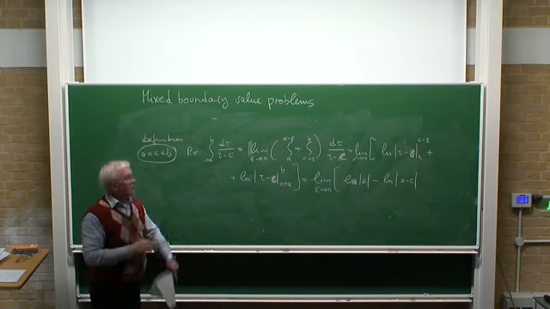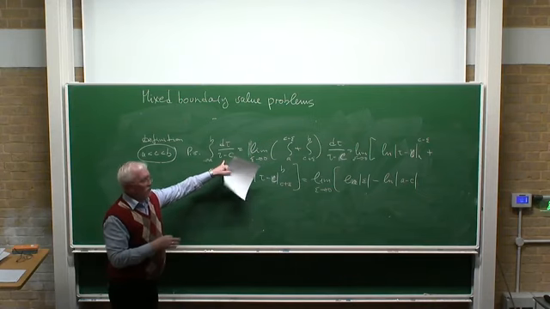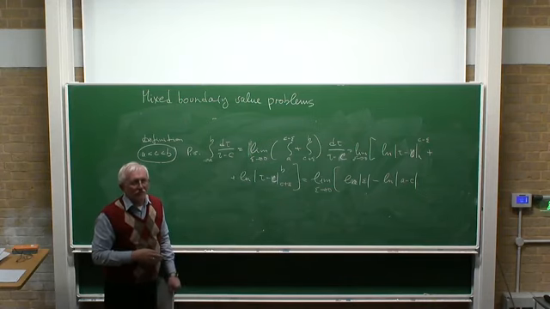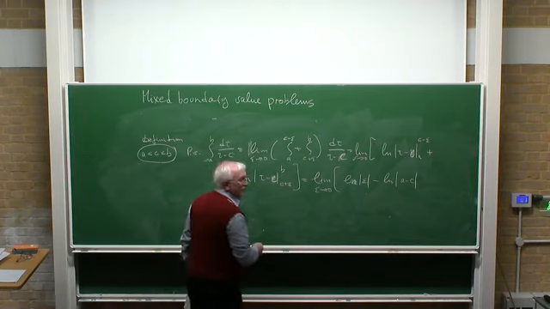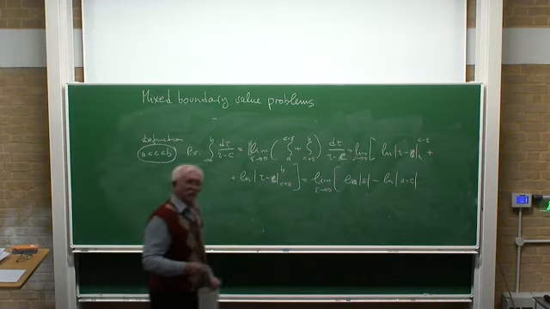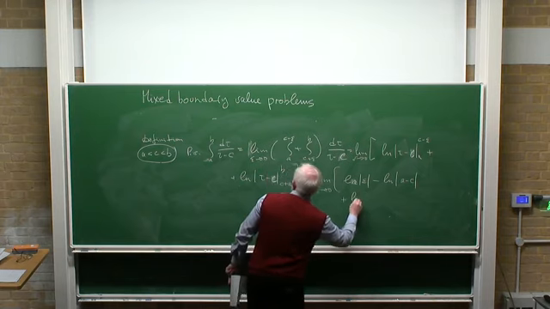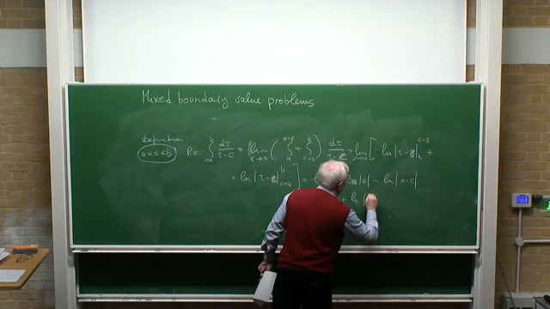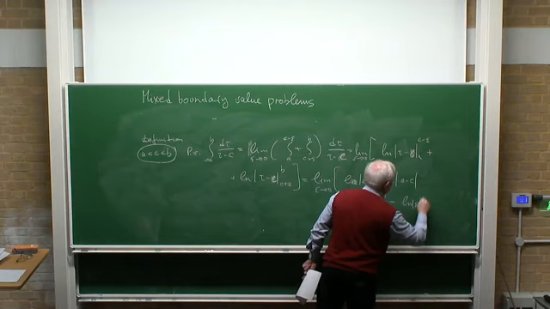If c is not in that interval, the integral is not singular, but the result is the same. It's outside or inside, singular or regular, it doesn't matter. Big surprise. Plus the limit of log of b minus c minus log epsilon.